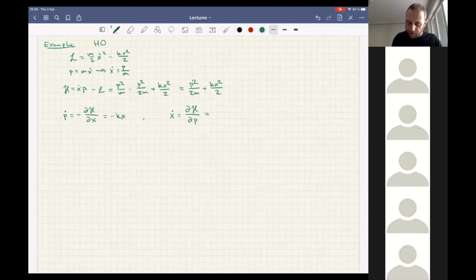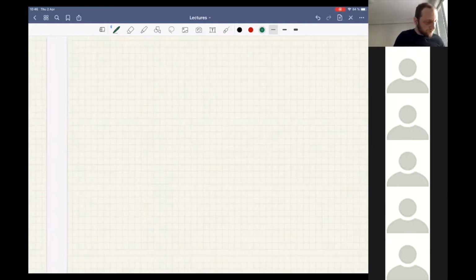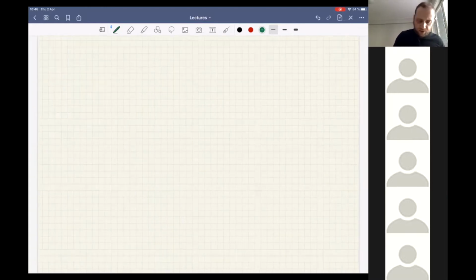And if I do that derivative, what I end up with is p divided by m, which again is exactly the same equations of motion we got when we just made a change of variables from the Lagrange equations of motion. Any questions so far?